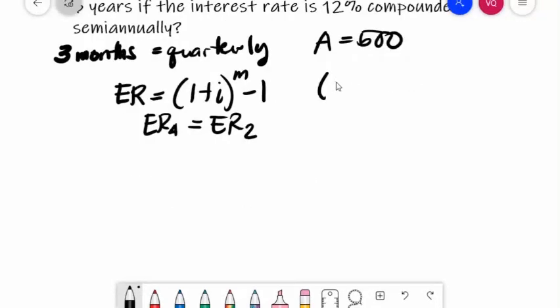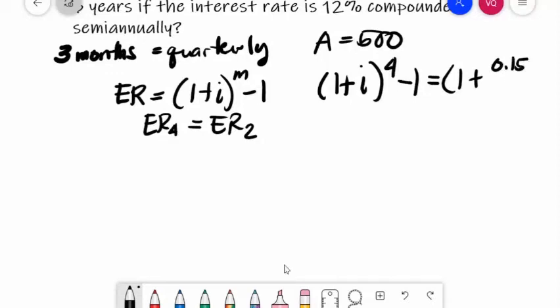So 1 plus I raised to M natin sa quarterly is 4 minus 1 equal to 1 plus I, which is 0.12 divided by semi-annual is 2 raised to 2 minus 1.